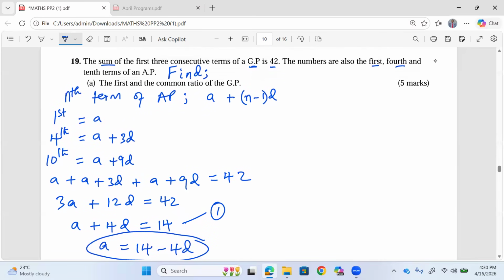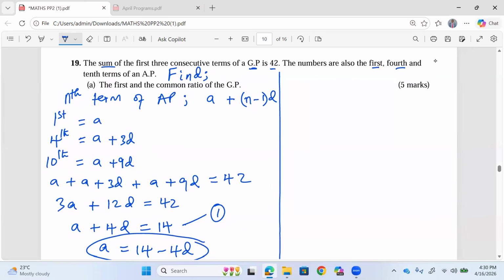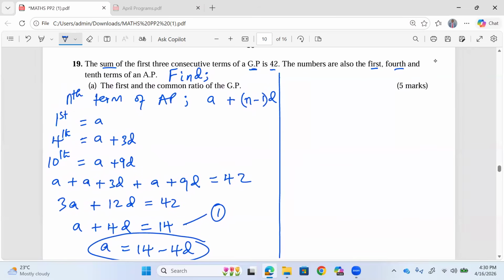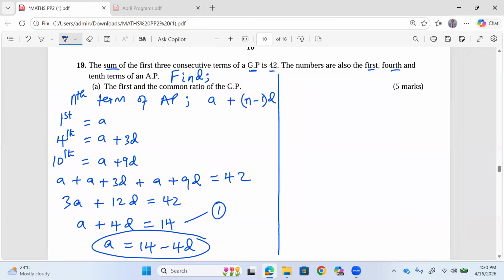From that point, ladies and gentlemen, we can now start again relating a GP and an AP. We know that if these terms are consecutive, then they give us a common ratio. When we pick the fourth term and divide by the first, this way.